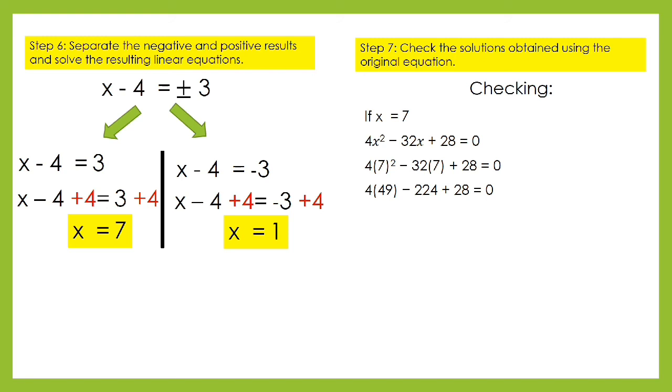Plus 28 equals 0. 4 times 49 is 196 minus 224 plus 28 equals 0. 196 minus 224 plus 28 is negative 196. 196 minus 196 equals 0. 0 equals 0.